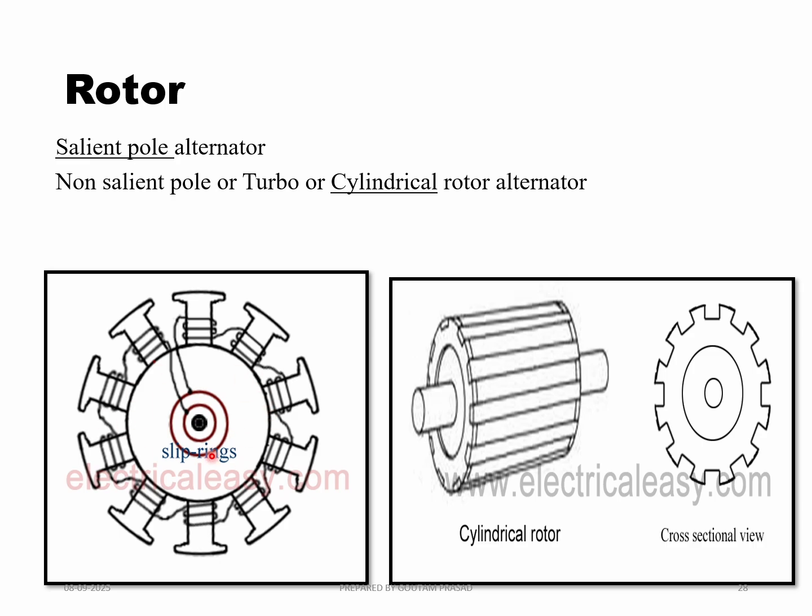The axial length of the salient pole type of rotor is less, but in the case of the cylindrical rotor, it is larger as compared to the salient pole type. If you look at the cross-sectional view, it comes like this, as shown in the figure on the right side.